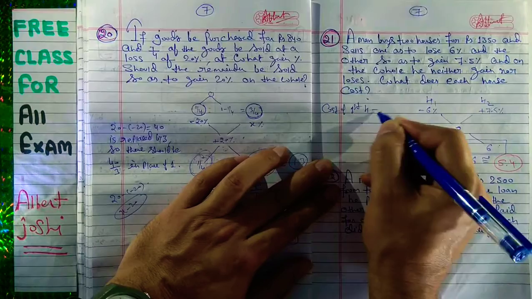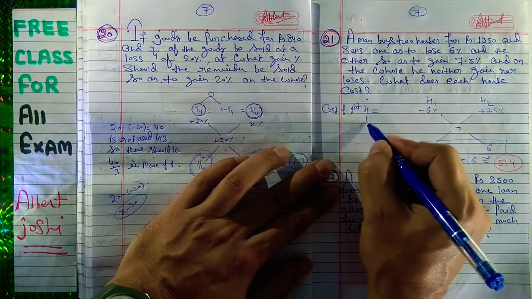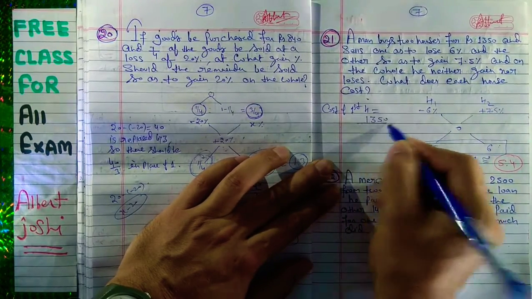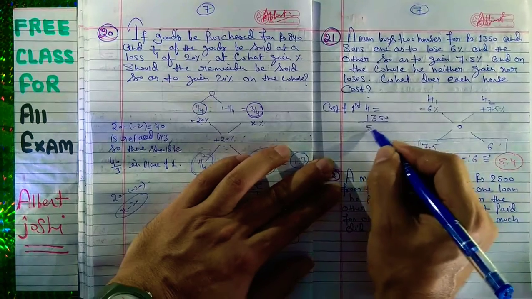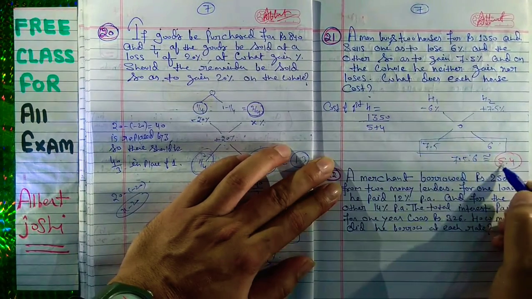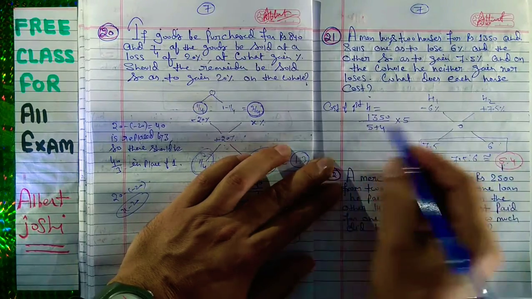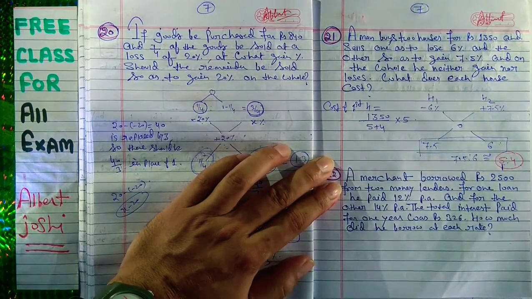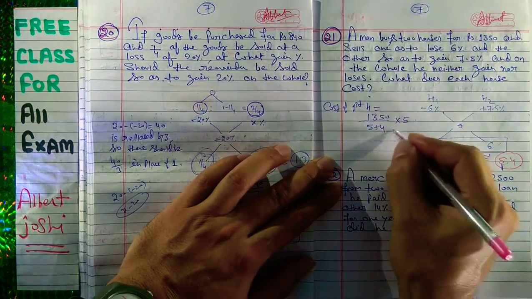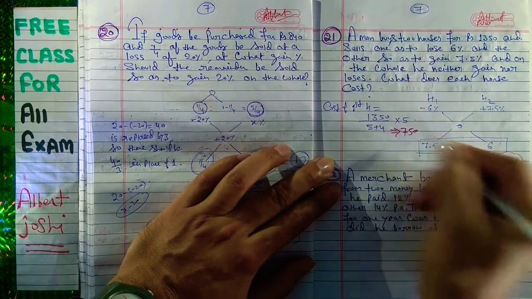Now the cost of the first horse is equal to the overall cost, and the ratio is 5:4, means 5 plus 4. We are finding the part of the first. If you calculate, you will get 750.